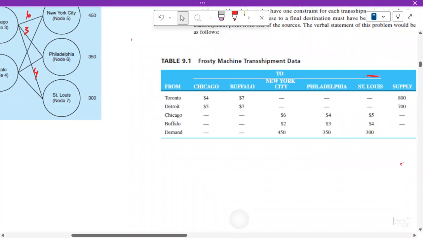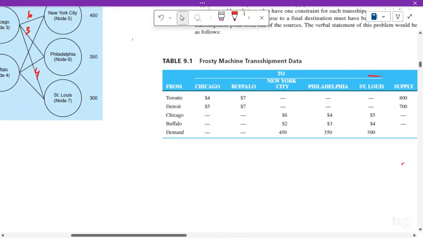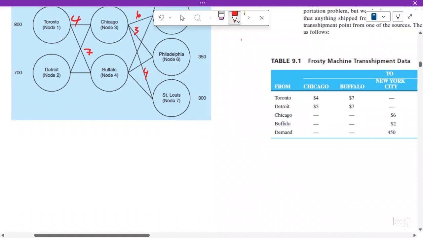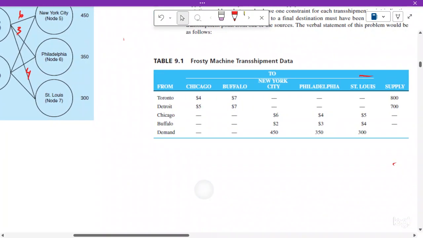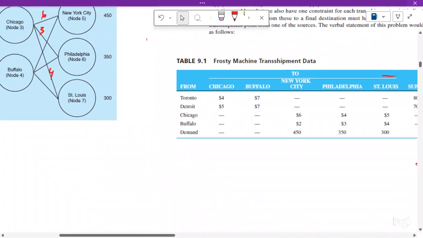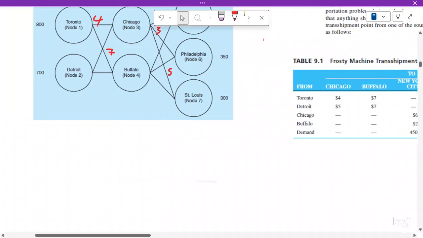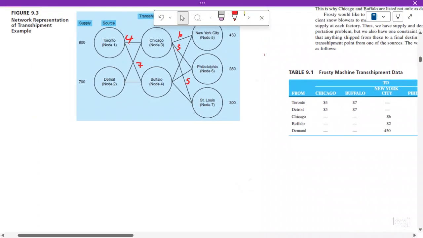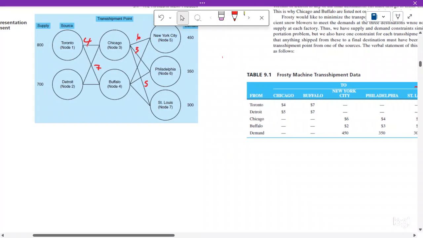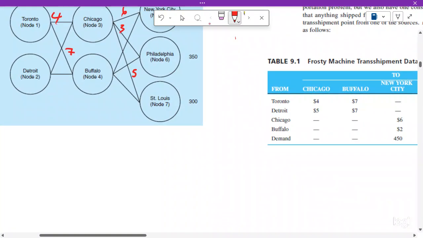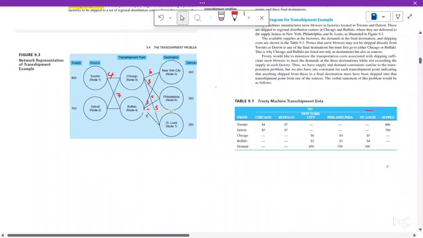from Buffalo it's 2, 3, 4. Oh, this one is 5. Okay. And then 2, 3, 4.